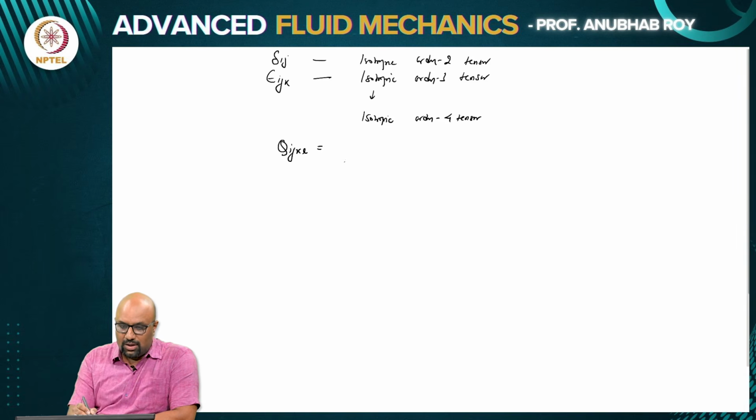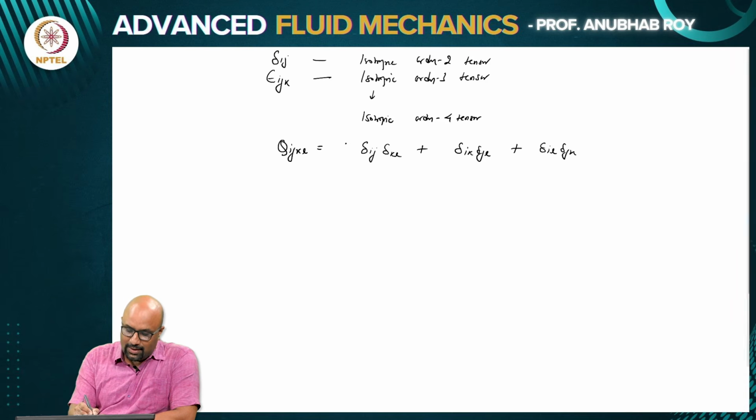So, there are no order 4 tensors by itself, it is purely in terms of order 2 tensors, which means it will be delta ij delta kl, delta ik delta jl, and delta il delta jk, and these would have some arbitrary constants.